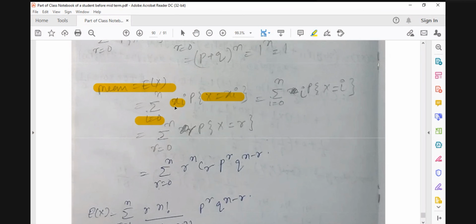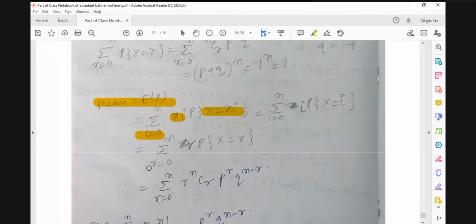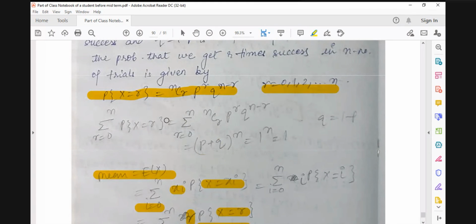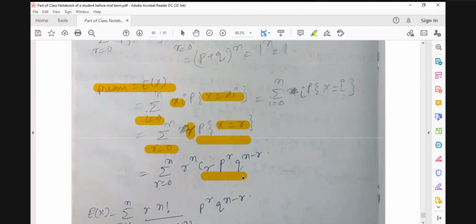And here xi is actually r, so you have written r goes from 0 to n, r and probability that x equal to r. And what is the probability that x equal to r? Here, nCr p raised to power r q raised to power n minus r. So you substitute it here.